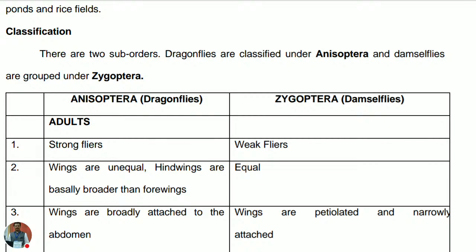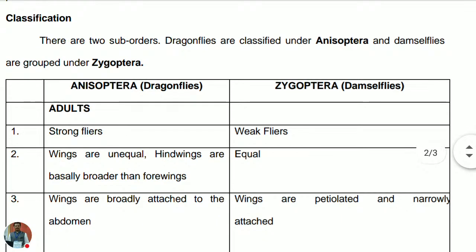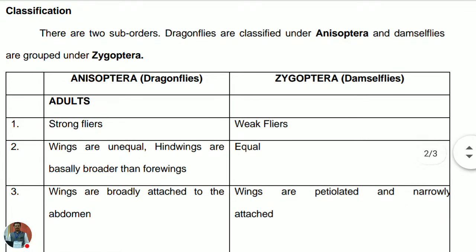The dragonflies are classified under Anisoptera and damselflies are grouped under Zygoptera. Now Anisoptera and Zygoptera are the suborders which have the dragonflies in Anisoptera and damselflies in Zygoptera. You can revise this, and after revision you will get it memorized.